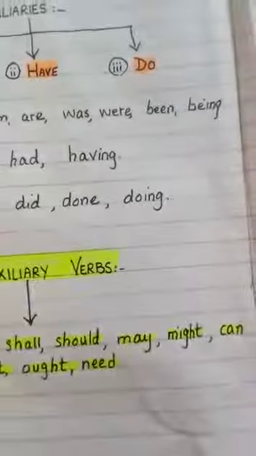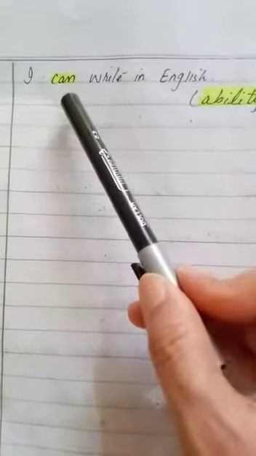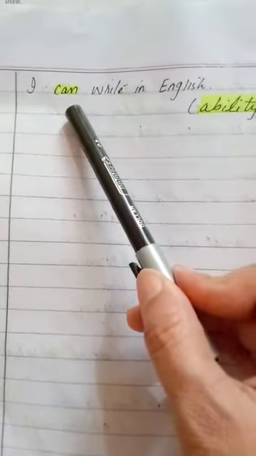Similarly, next is I can write in English. This is can, showing ability. Ability is shown with this modal auxiliary verb.